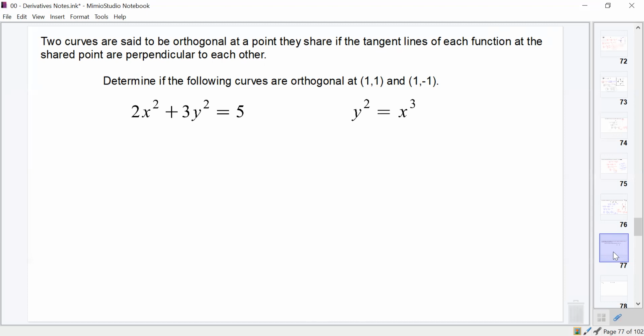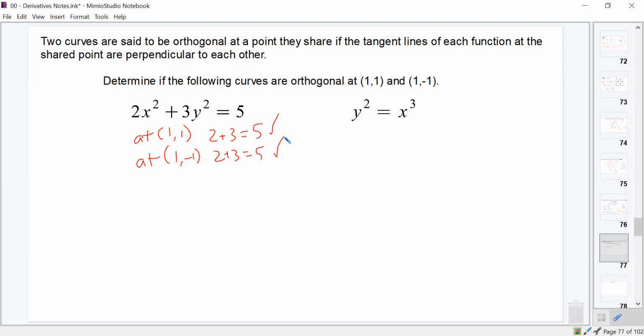So first we need to confirm that both points satisfy both of these equations. So if I plug in 1 here, at (1, 1), we get 2 plus 3 equals 5. So that works. And at the point (1, -1), we get 2 plus 3 equals 5.